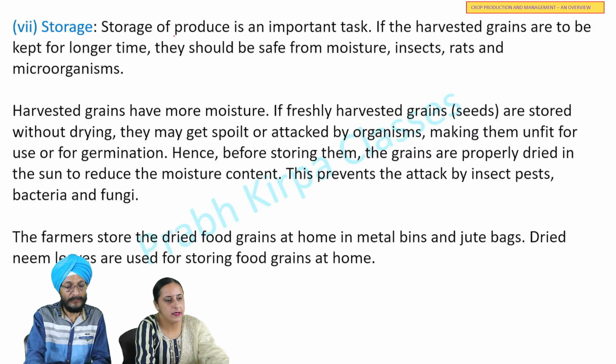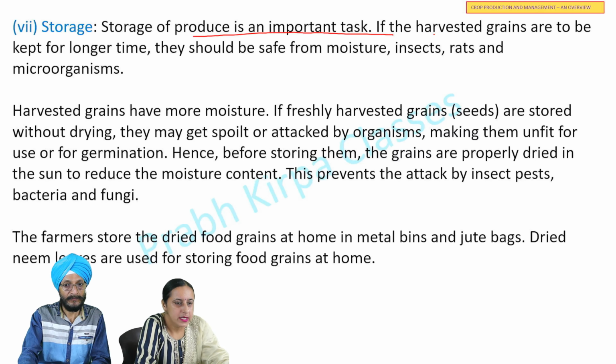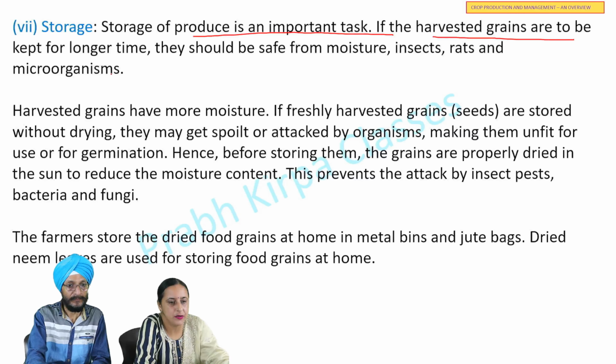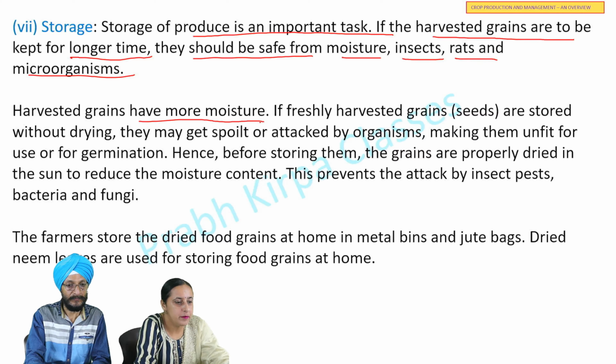7. Storage. Now, let us understand why and how storage of produce is carried out by farmers. Storage of produce is an important task. If the harvested grains are to be kept for a longer time, they should be safe from moisture, insects, weeds, and microorganisms. Harvested grains have more moisture.